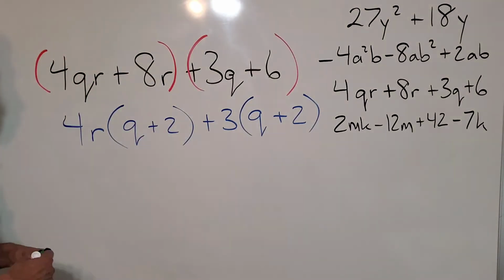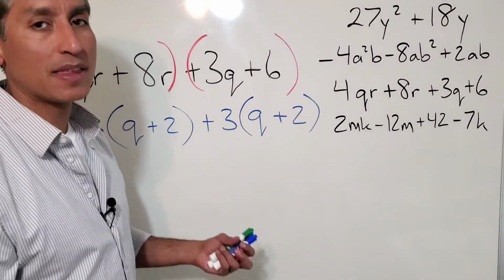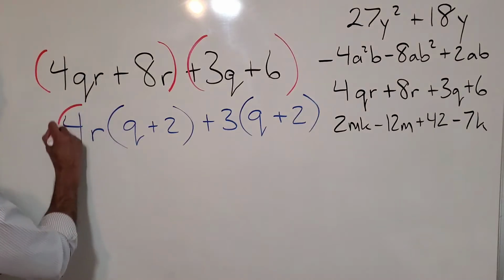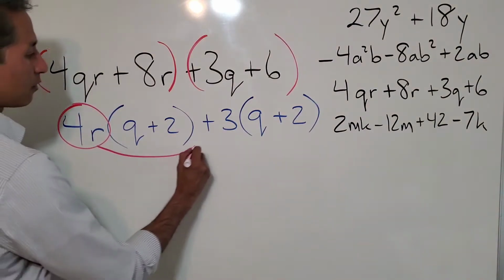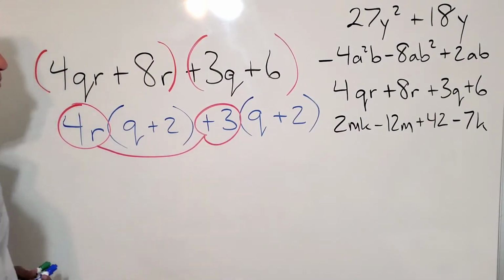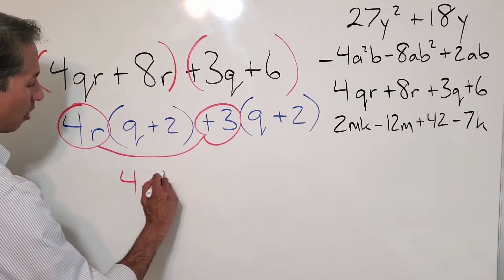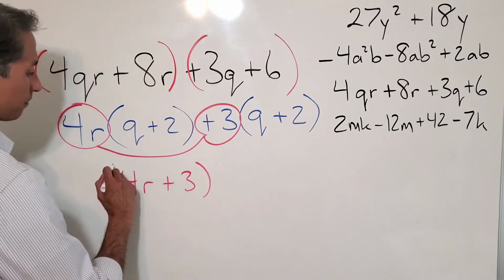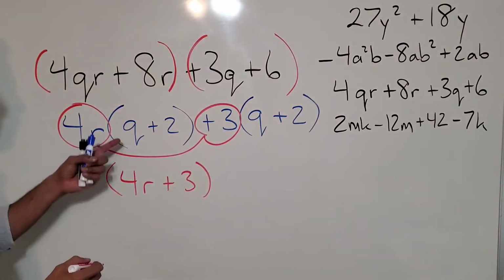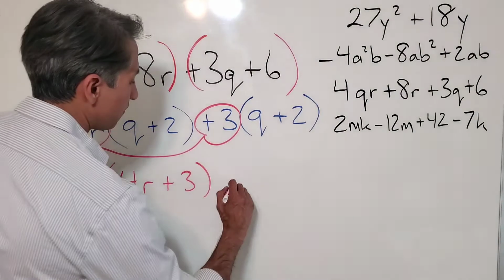The rules of math allow us to regroup this and take the 4R and group it with the 3. So I end up with 4R plus 3, and then I end up with a Q plus 2.